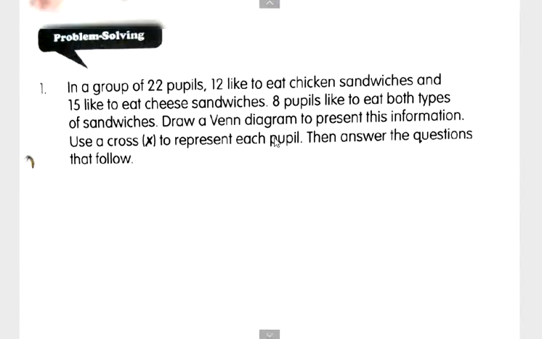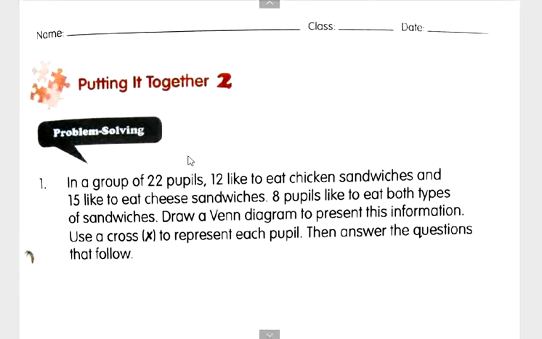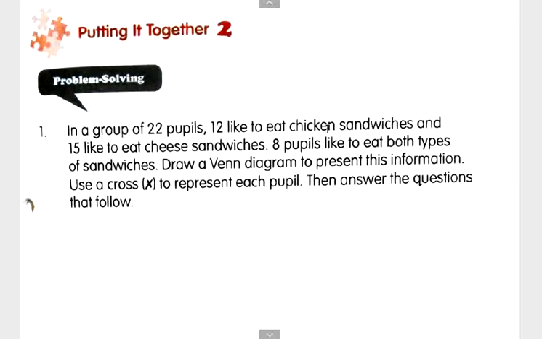Now putting it together too. In a group of 22 pupils, 12 like to eat chicken sandwiches and 15 like to eat cheese sandwiches. 8 pupils like to eat both types of sandwiches. Draw a Venn diagram to present this information. Use a cross to represent each pupil.